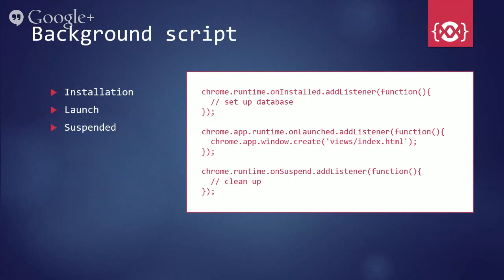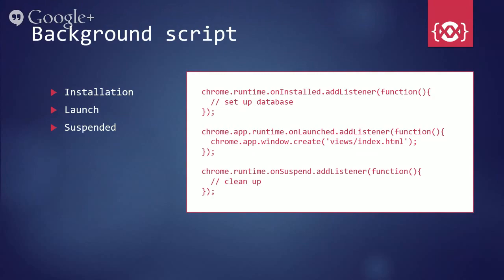Then you have the chrome.app.runtime.onLaunched.addListener, which is when you open up the app, it will call that function. So in this case, it will use the window API to create a normal desktop window, and it will chuck that HTML, which is passed in the views, which is currently in the views index HTML location.